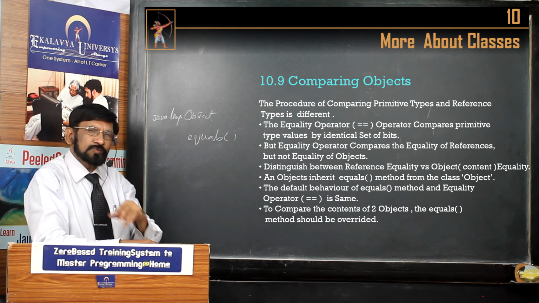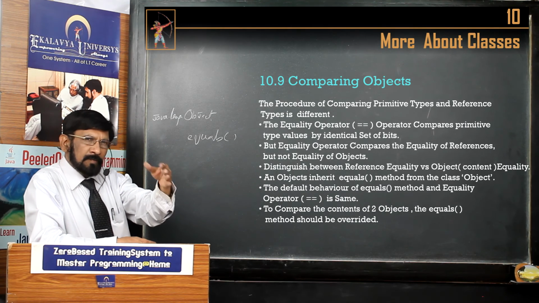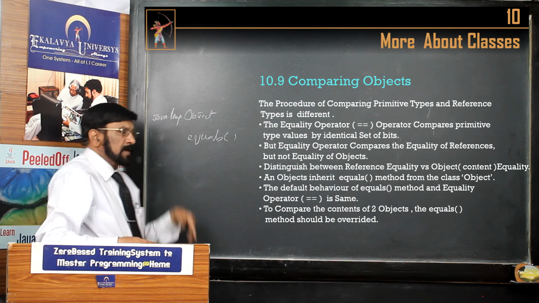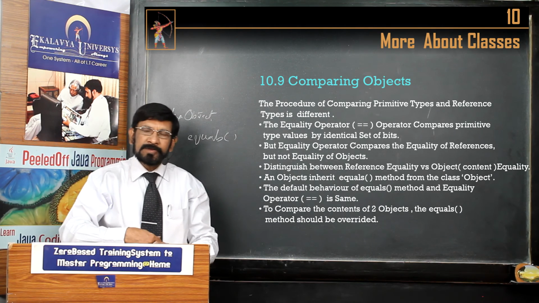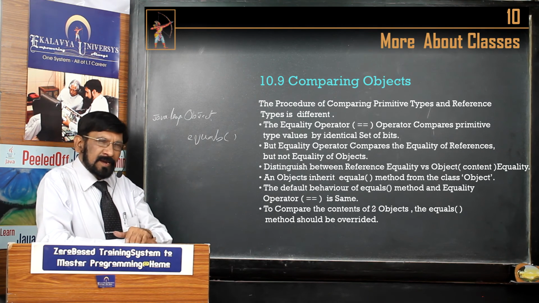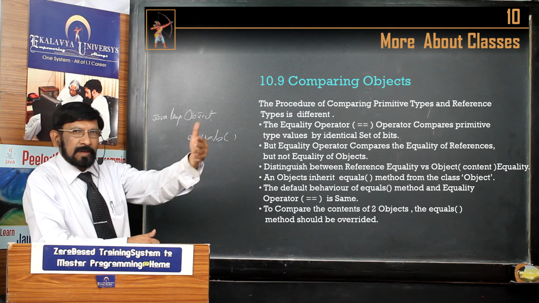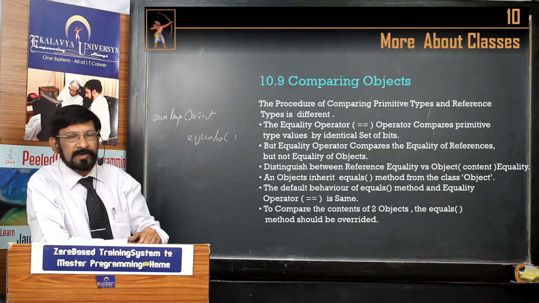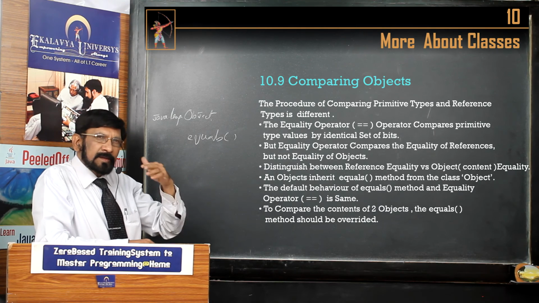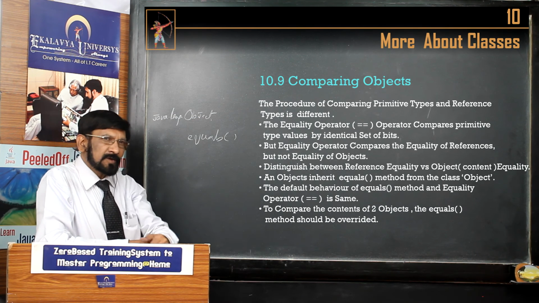So at the top level, this is there. Object is the superclass of every Java class, whatever you define, whether in the library or user defined. And why are we talking about that? In forthcoming chapters, we discuss a concept called inheritance. Like in real life, you inherit the properties of your parents, your father, grandfather, great great grandfather, and so on. In the same way, every class inherits the properties and behaviors of its superclass.